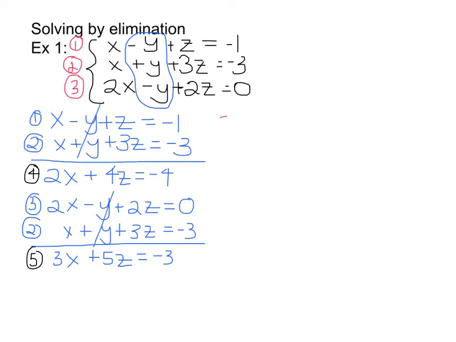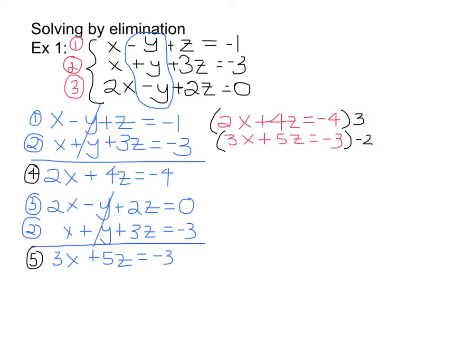Equation 4 is 2x plus 4z equals -4, and equation 5 is 3x plus 5z equals -3. Now choose which variable you want to eliminate. I want to make my x's eliminate, so I'm going to multiply my top equation by 3 and my bottom equation by -2, so that way they will cancel out.